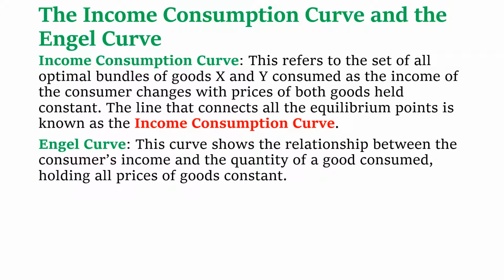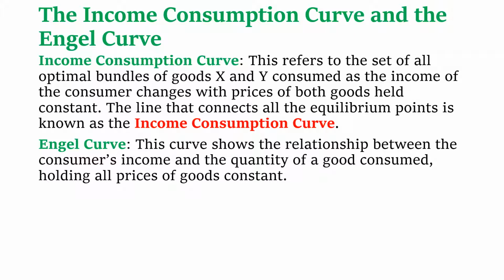That is why you see the budget line shifting from one particular position to the next. So the line that connects all the equilibrium points is known as the income consumption curve. That is the line that connects all those successive points of tangency between the indifference curves and the budget line.